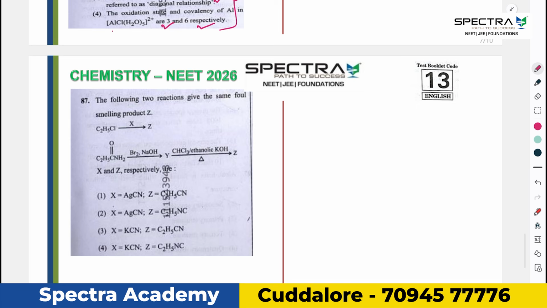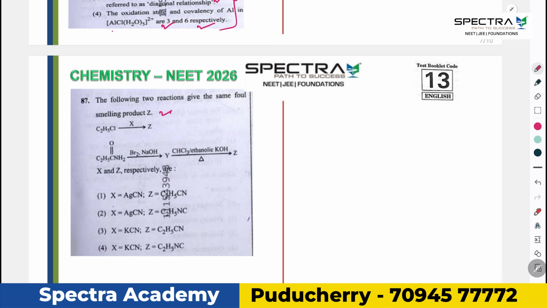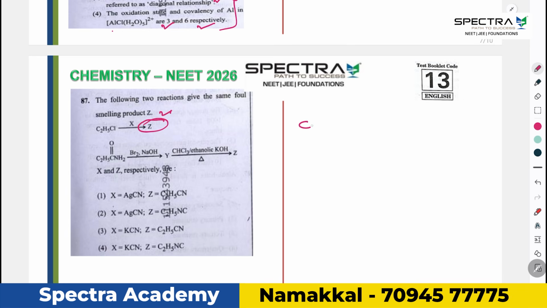Question number 87. The following two reactions give the same foul smelling product, that means isocyanides. We have seen in the amine chapter, it is isocyanide. In the first equation they have given Z, that we don't know, so from the second equation we can find the first. In the second equation they have given CH3 CH2 C double bond O NH2.